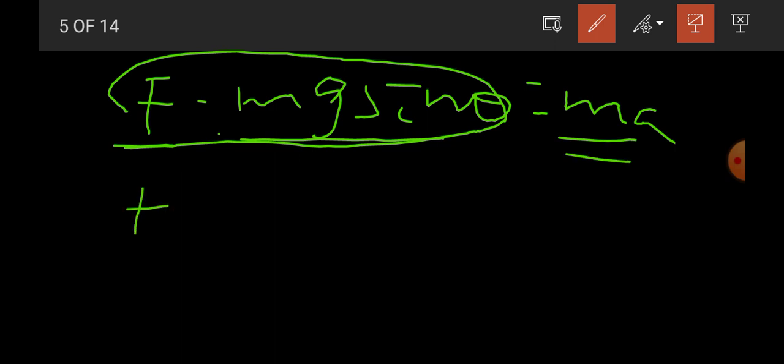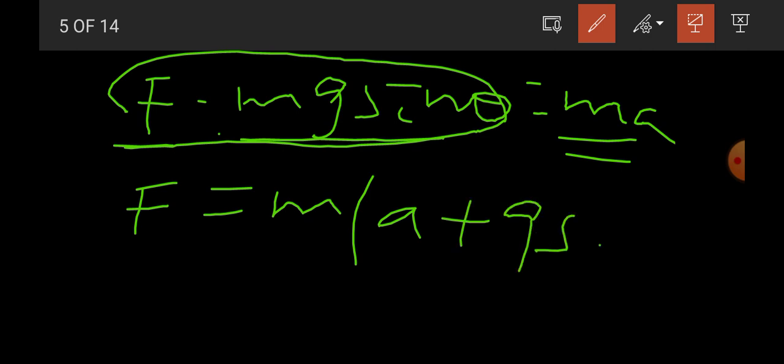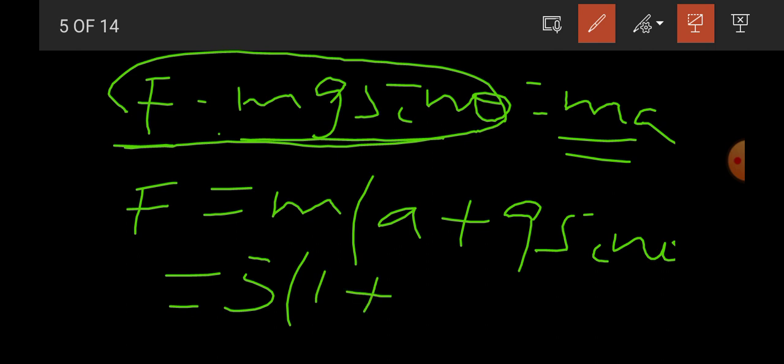So here F is equal to, moving it over, M into acceleration plus G sine of theta remains. So here, let's substitute. Mass is 5, acceleration is 1, gravity is 10, sine 30 is 0.5.